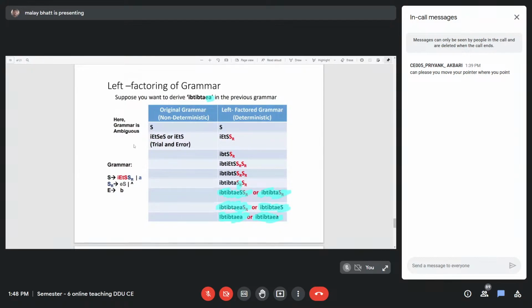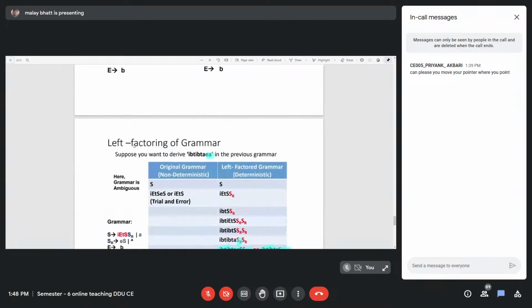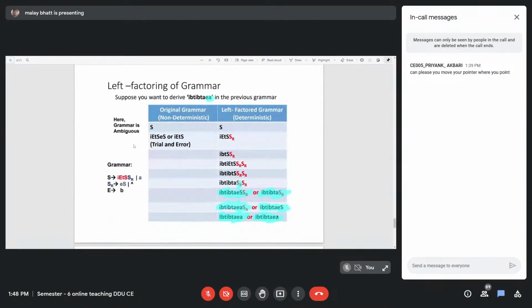Now, as I told you, through left factoring or left recursion removal, we cannot convert every ambiguous grammar into unambiguous form. So here you can see that there is also a second alternative.